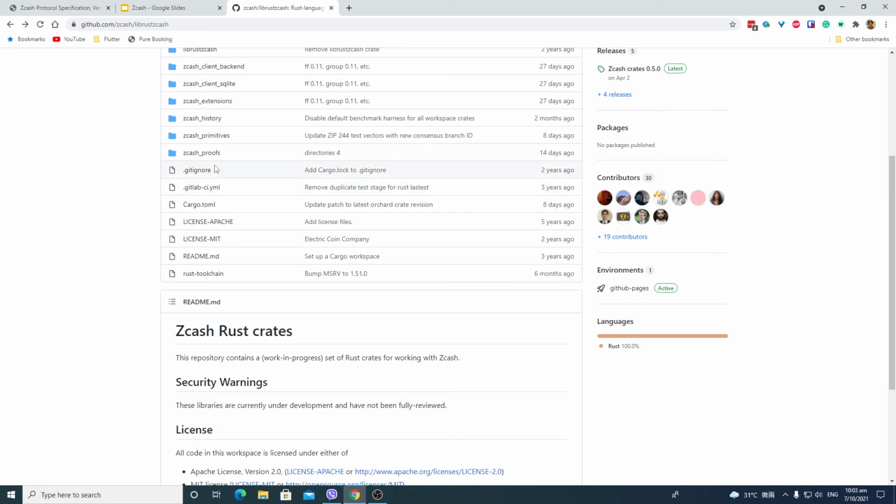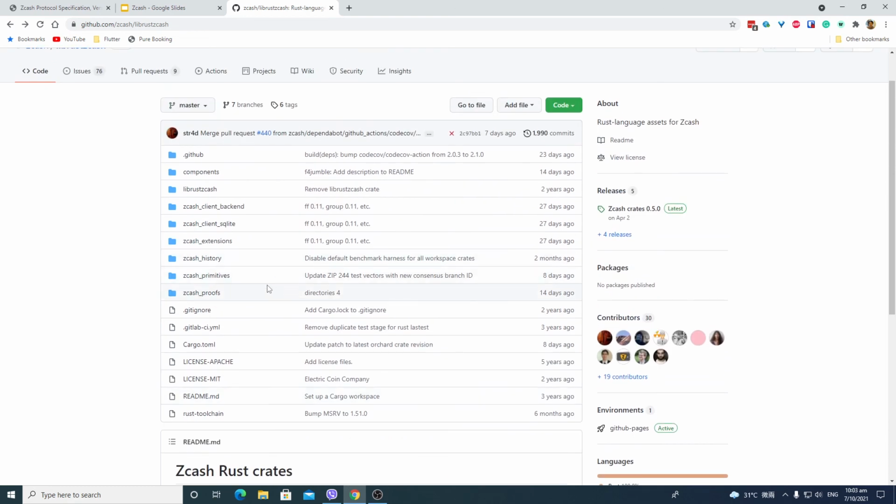So you are going to use them indirectly through the primitives, but the higher level is the transaction builder. So the two things I talked about, the block scanning, the decoding of transactions, the decoding of notes, and generation of nullifiers, all this stuff will be here. So these two guys are the main libraries you want to use.